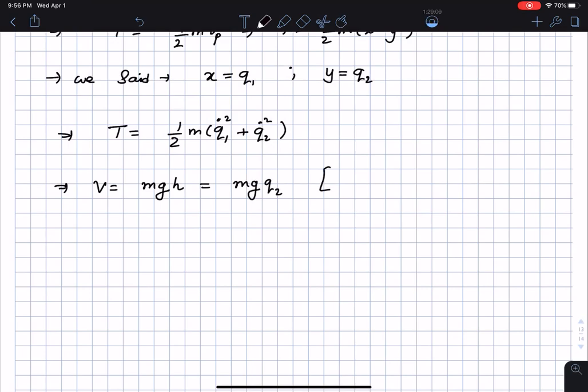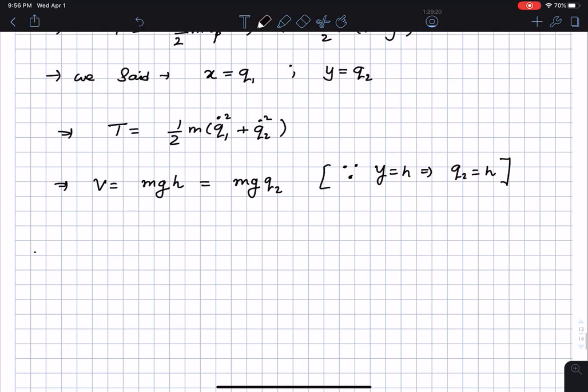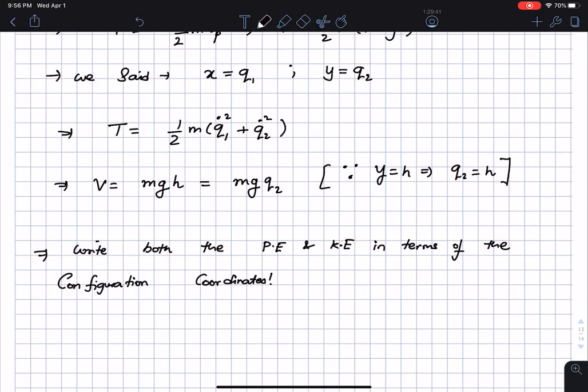This is because y is equal to h, which means that q2 is equal to h. So we write both the potential energy and the kinetic energy in terms of the configuration coordinates. That is the first key step.